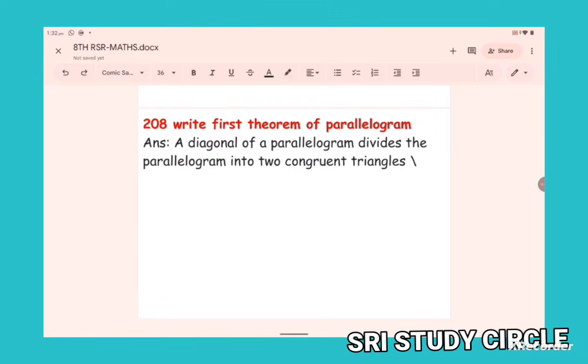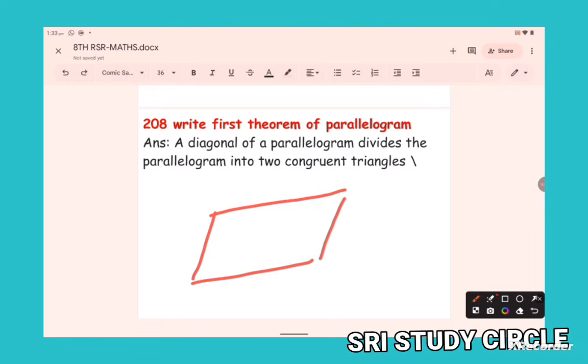Write the first theorem of parallelogram. A diagonal of a parallelogram divides the parallelogram into two congruent triangles. Suppose ABCD is a parallelogram. Here diagonal AC divides the parallelogram into two congruent triangles.